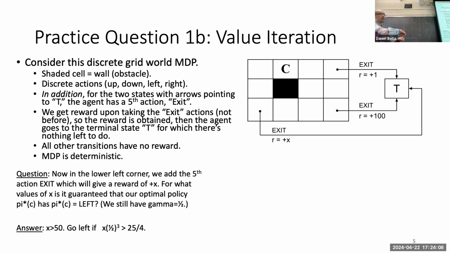So you get 1/2 to the third power. And if you remember from last time, you had 25/4 as the value for C. So you just have to make sure that this condition holds. Right? Any question about that?